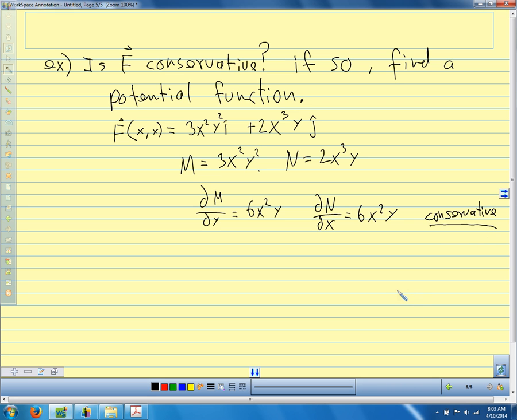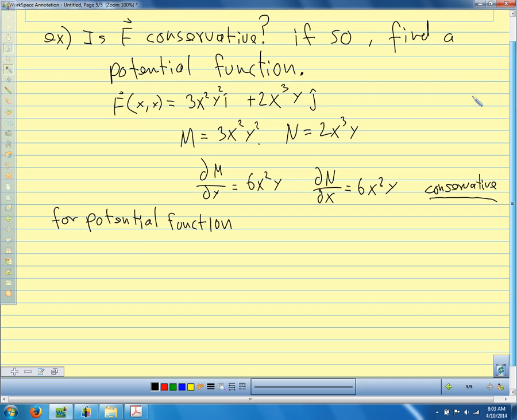So now we need to find our potential function. If this is the gradient of some scalar function, we know that F is the gradient of some potential function f.